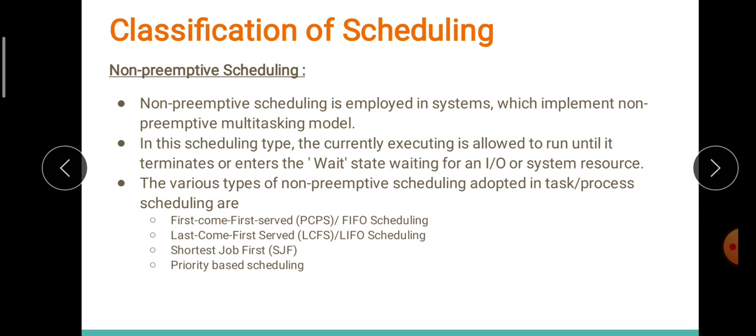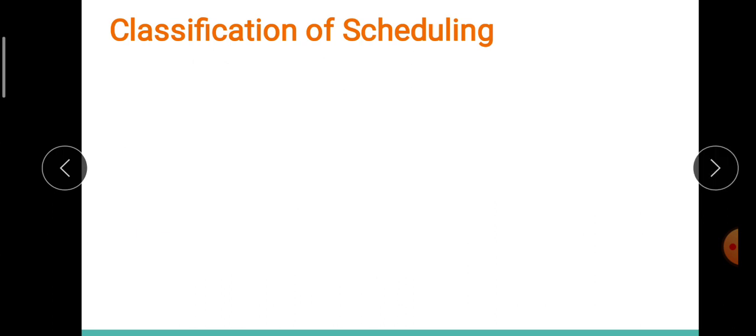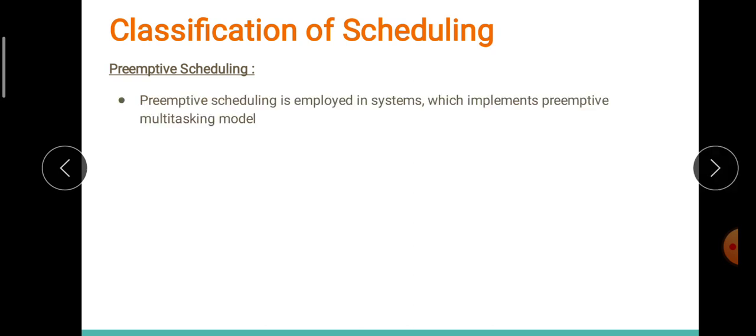The other kind of scheduling is the preemptive scheduling, just like the multitasking kind. So again we implement or prefer the preemptive scheduling where preemptive multitasking model is used, just like the non-preemptive thing.